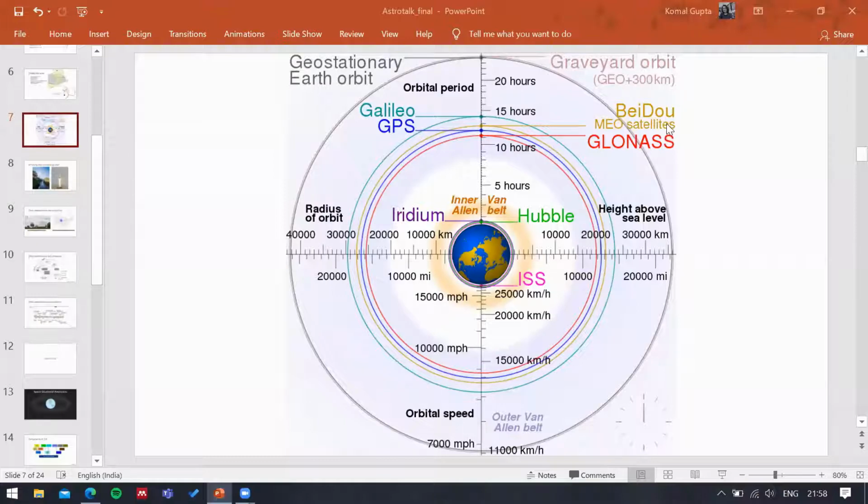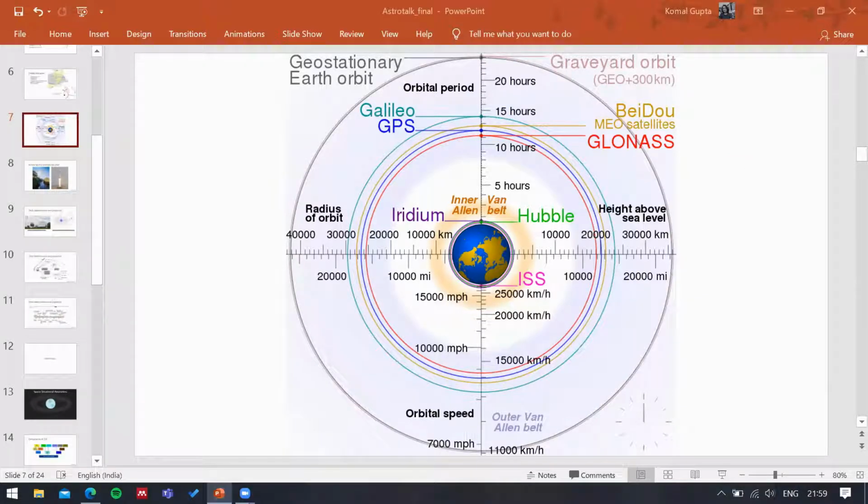So this orbit is a sweet spot when it comes to altitudes. Sorry, what if we increase its kinetic energy externally? By externally, do you mean using propulsion? Yeah, I hope that's what it is.